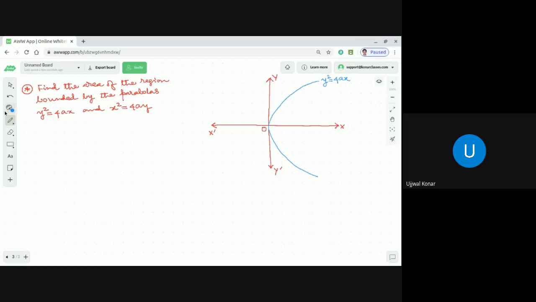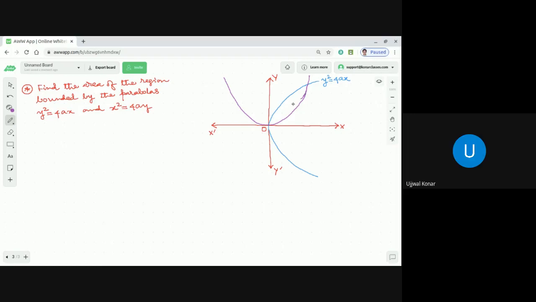Now, from a symmetry point of view, you can say, sir, if y square equal to 4ax looks like this, then x square equal to 4ay definitely should look like this. Am I right or wrong? Gurman, is it clear?